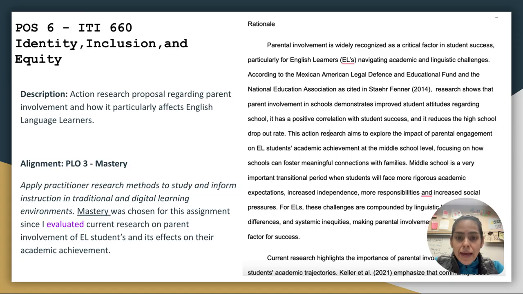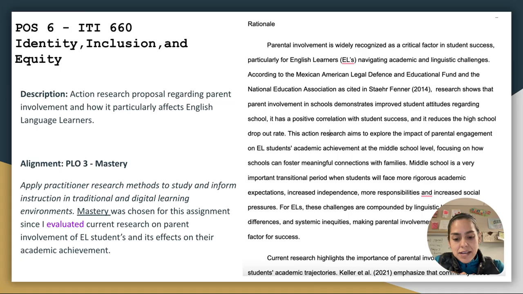I chose mastery since I evaluated current research on parent involvement of EL students and the effect on their academic achievement. I also did not add this there, but I looked at ways in which I could improve my own teaching when it came to communication with EL students' parents.